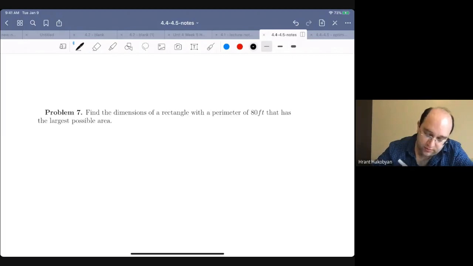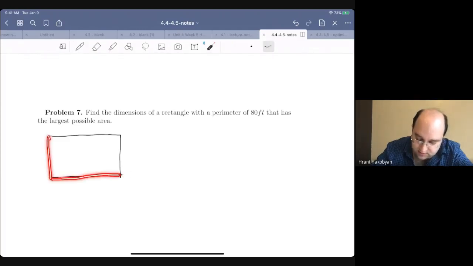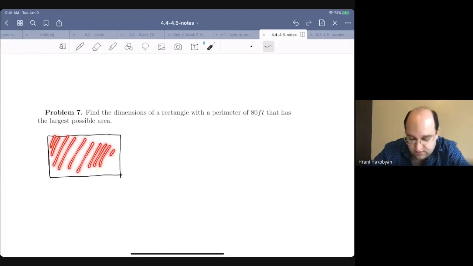So we're going to look at the rectangle, and you don't know what the sides are, but what you know is that the sum of this side, this side, this side, and this side together is 80 feet. Now you have to construct it in such a way that the area inside is the biggest.